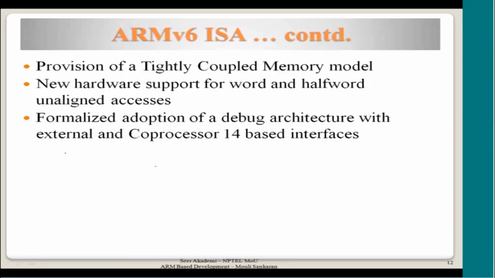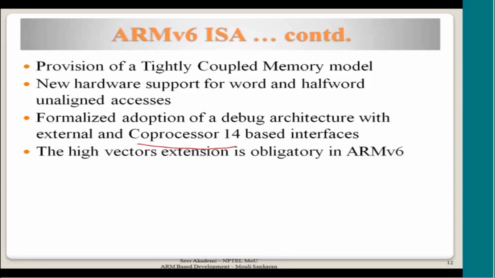Formalized adoption of debug architecture. So coprocessor 14 is reserved for a debug architecture, and it has been formally included into the architecture definition. And high vector extension. So far we have seen that the interrupt vector table has to be at zero address, right? The IVT needs to be at 0.